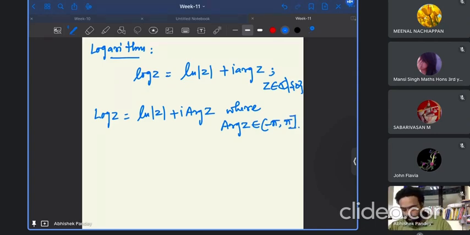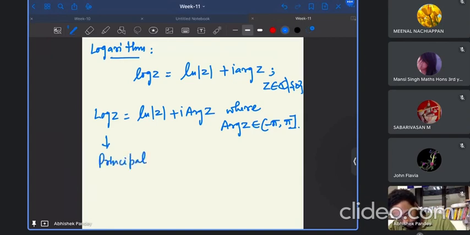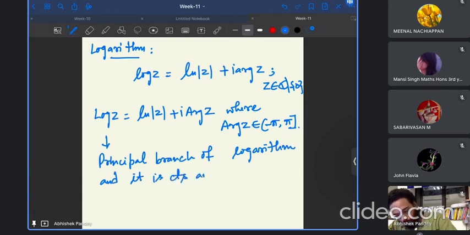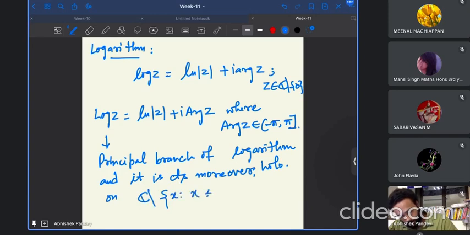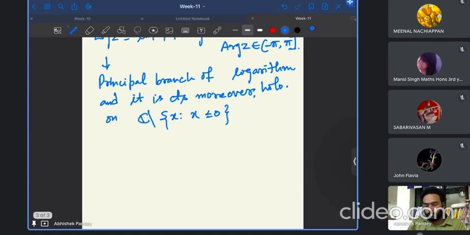So this is the principal branch of logarithm, and it is continuous and moreover holomorphic on C minus the negative real axis. So this is the principal branch of logarithm.